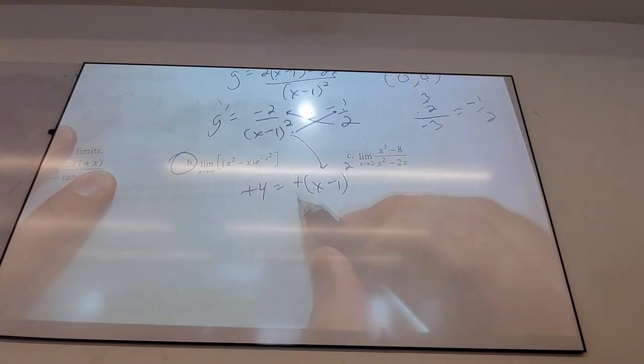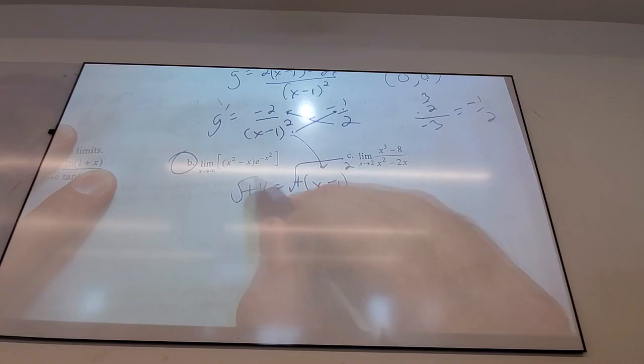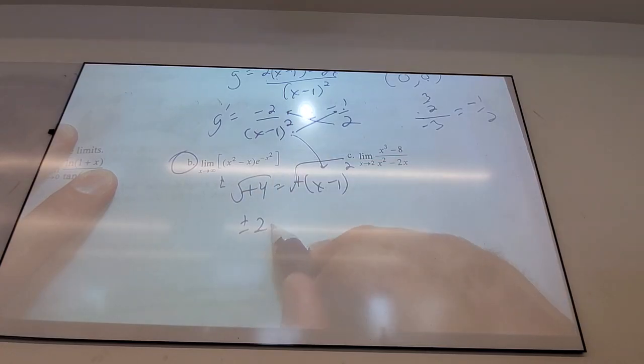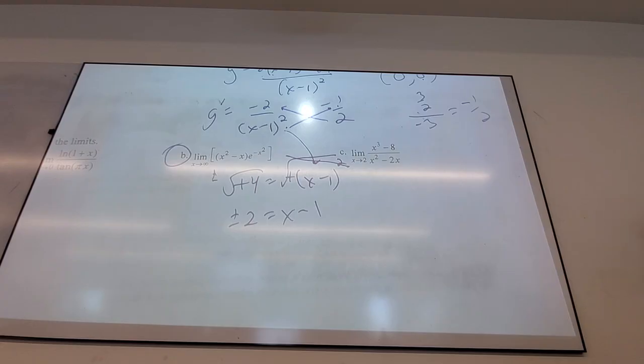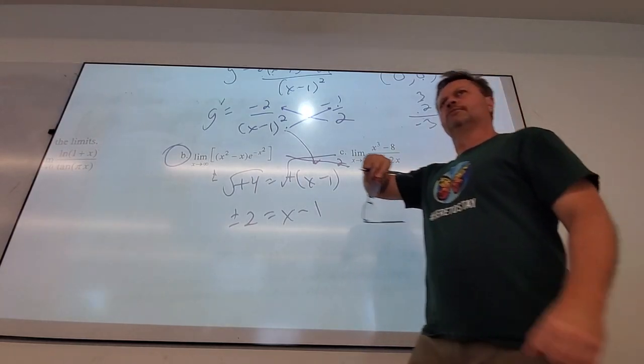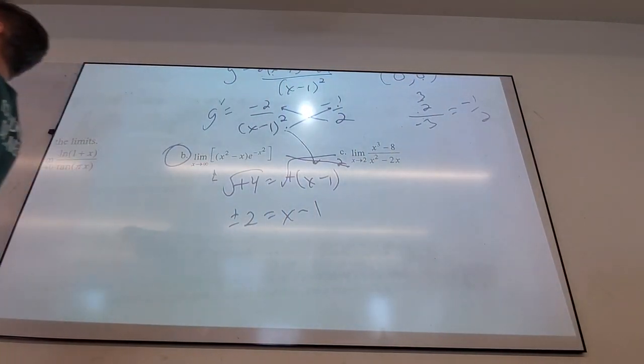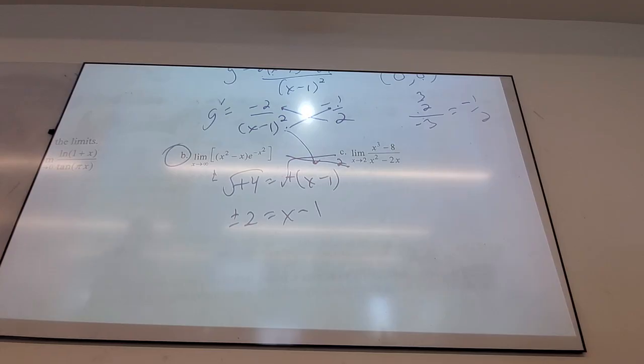So if I square root both sides, what do I have to be careful about? Plus or minus. Square root of 4 is 2. That's crazy. Here, the square and the square root kill each other, yes? Do you guys see how I get 2 answers? Okay. Don't come up to me and say, where's my plus or minus key on the calculator? No. You're going to add 1 to 2, and you're going to add 1 to -2. So you guys see that?